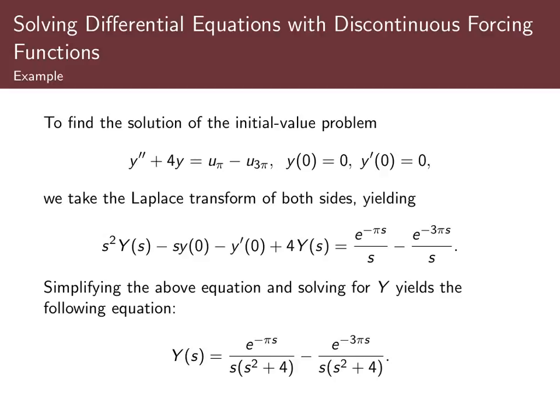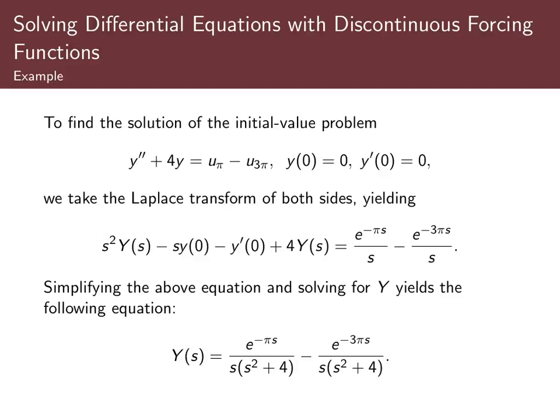If we take the Laplace transform of both sides, we will have s² times the Laplace transform of y, minus s times y(0), minus y'(0), plus 4 times the Laplace transform of y, equal to the Laplace transform of the Heaviside function centered at π, which is e^(-πs)/s, and that of the Heaviside function centered at 3π, which is e^(-3πs)/s.